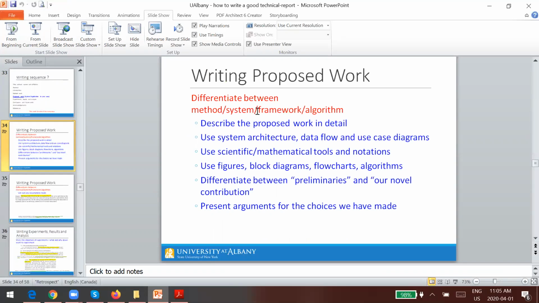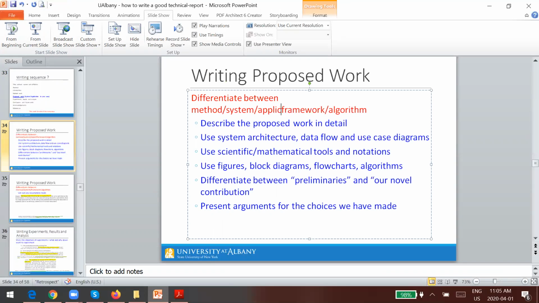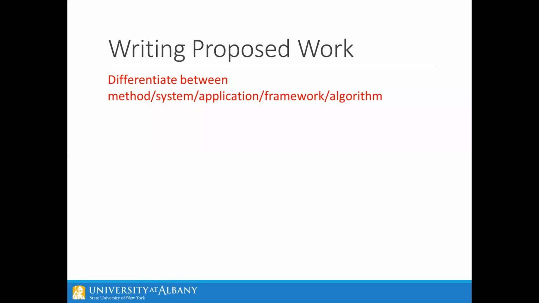But in research, we usually work on methods. We develop a method, or we develop a framework, or we develop an algorithm. So that also could be an option. So we have to be clear what we are doing.